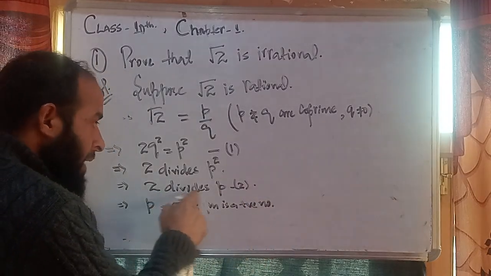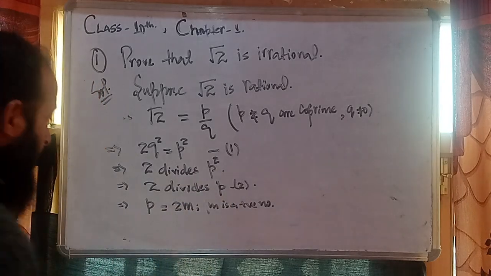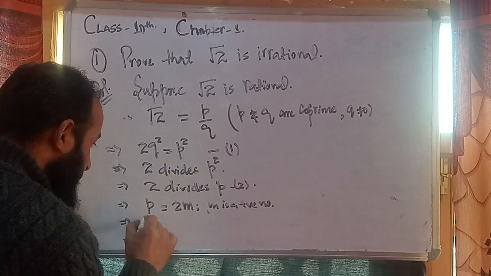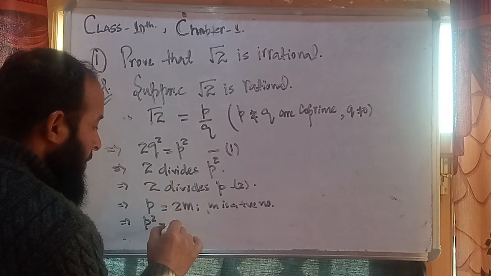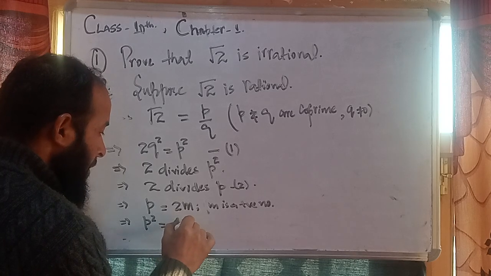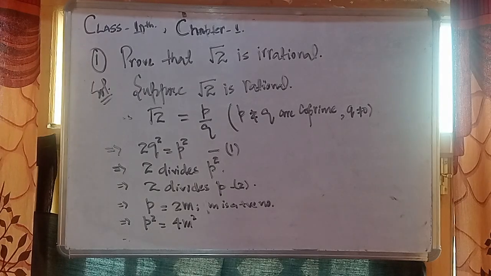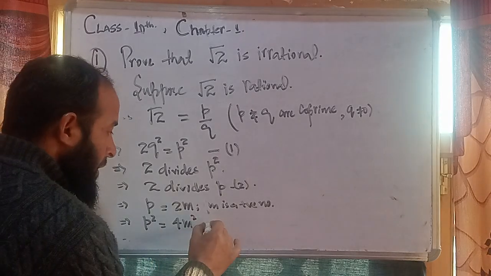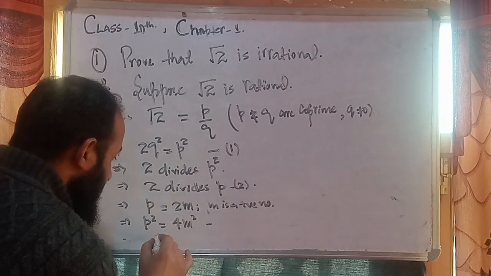If 2 divides p, then p can be written in this form, which implies p square will be equal to 4m square. Let this be third.